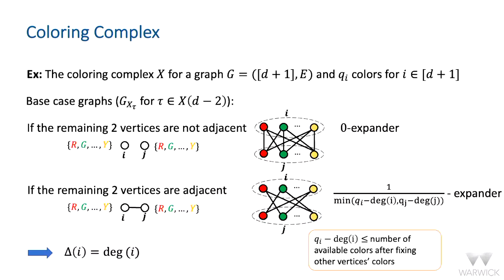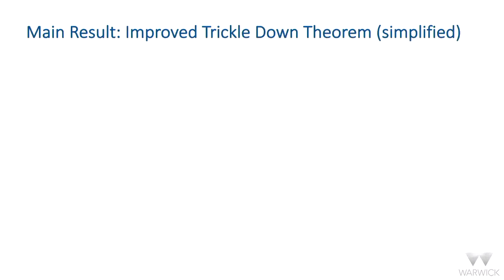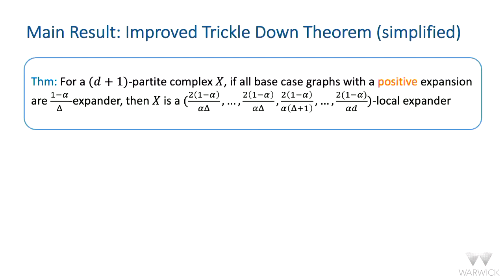Okay, so now having that, I can tell you a simplified version of our theorem. Let's say you have a d-dimensional, (d+1)-partite complex, and suppose all base case graphs which have positive expansion are (1 minus alpha) by delta expanders.